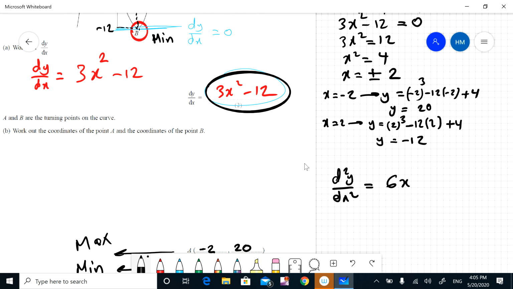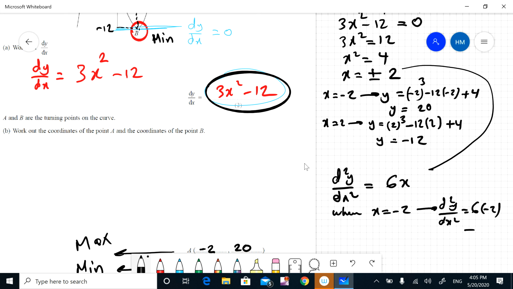And substitute the first stationary point, when x is negative 2, d squared y over dx squared is 6 times negative 2, which is negative 12, and it is less than 0. So x is negative 2, and the y coordinate is 20, will give you a maximum.